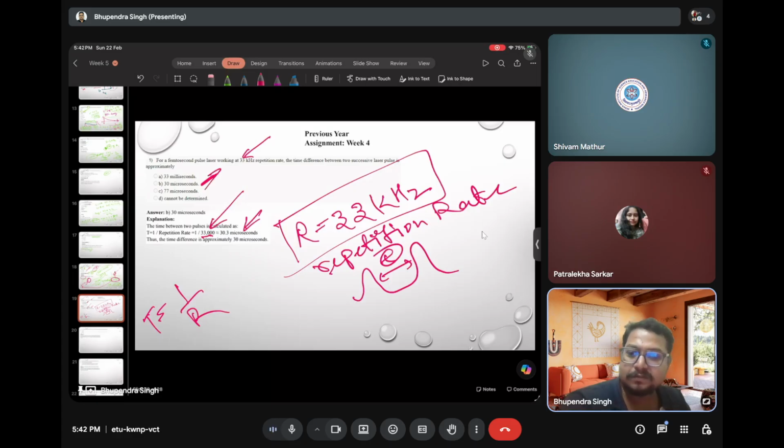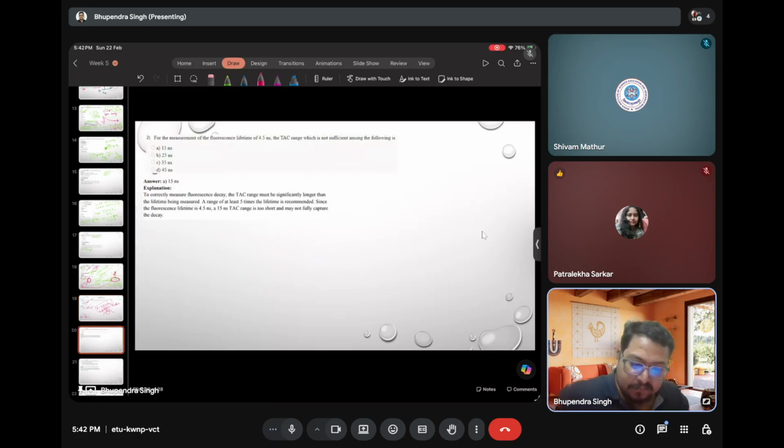This I have already discussed many times. Okay, fine. Moving on to the next question. For the measurement of the fluorescence lifetime of 4.5 nanoseconds, the lifetime of the molecule is given. The TAC range which is not sufficient among the following is. TAC range means the time window.